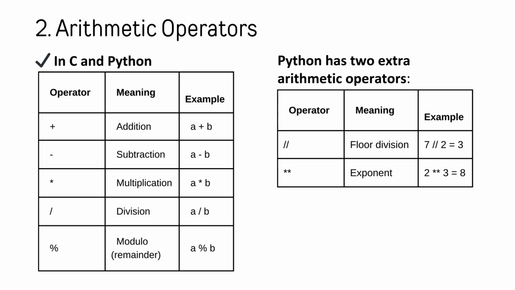And the second one is exponentiation, represented by double star. It is used to raise a number to the power of another number. So while C focuses on the basic arithmetic operators, Python gives us more flexibility with floor division and exponentiation, making complex mathematical calculations easier and more readable.